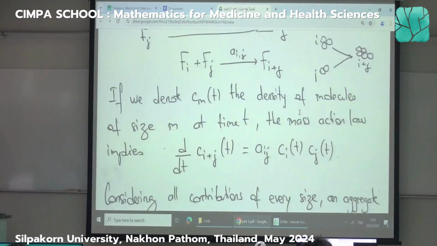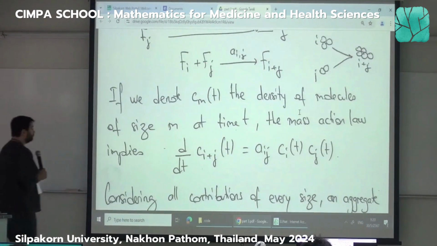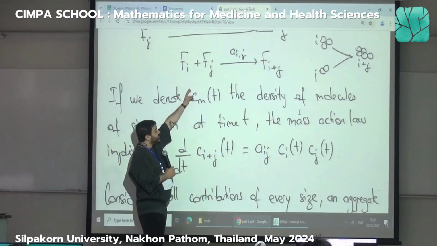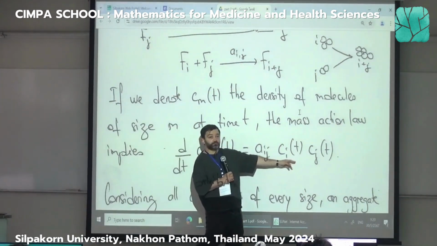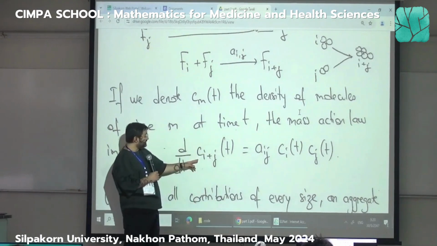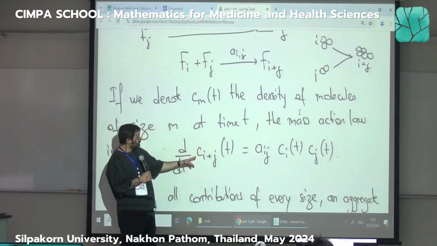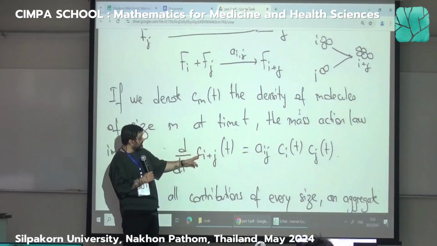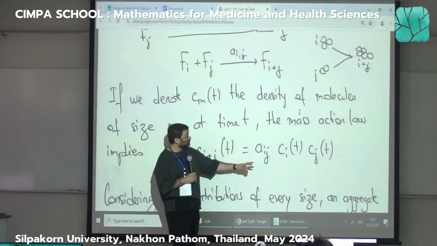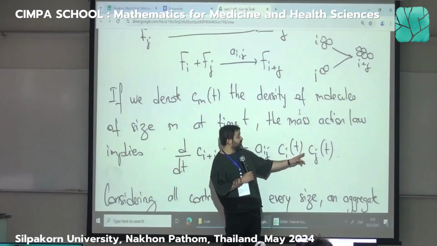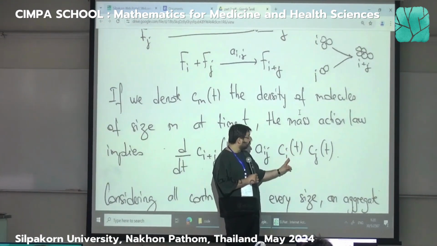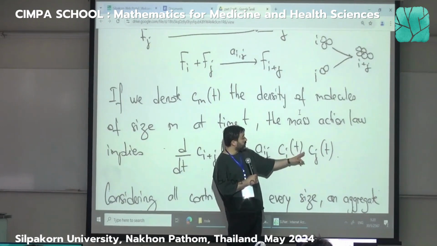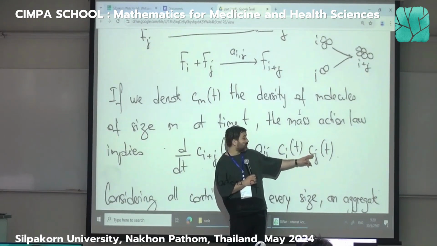So what does the mass action law give? The plus here becomes the multiplication. So the derivative of the concentration of the particle of size I plus J is the concentration of particle of size I multiplied by the concentration of particle of size J.